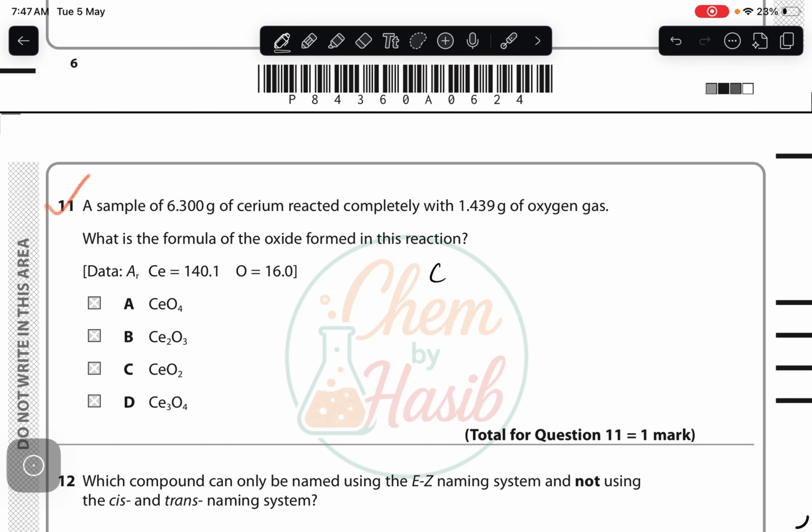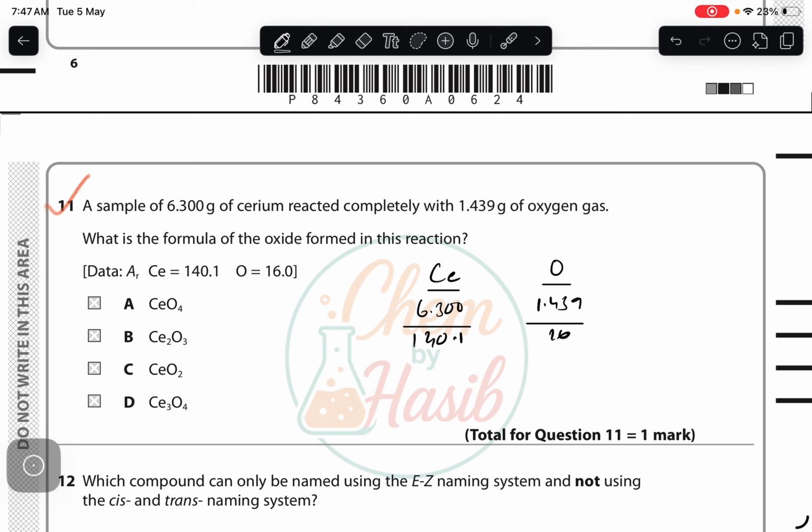So let us look at cerium and let us look at oxygen. So this is the mass of cerium and this is the mass of oxygen. You divide by their respective atomic masses. You divide cerium by 140.1, you divide oxygen by 16.